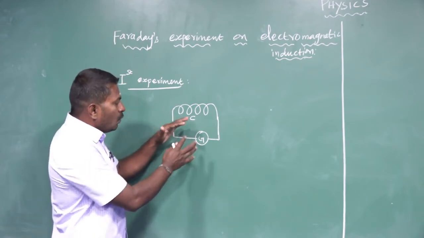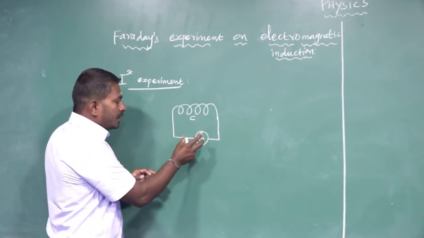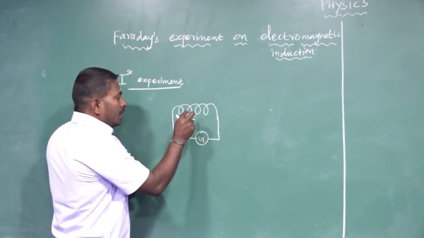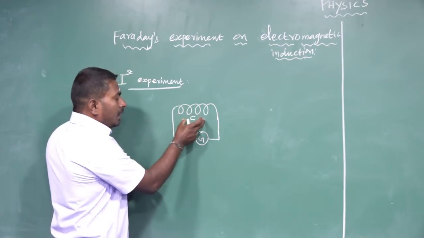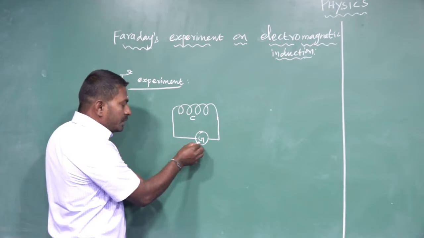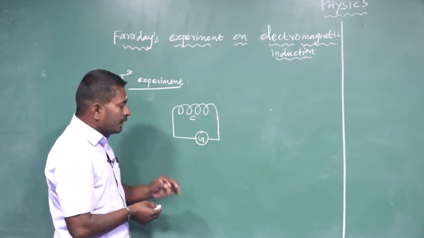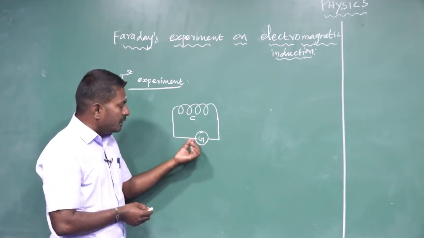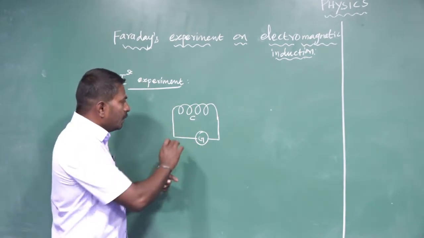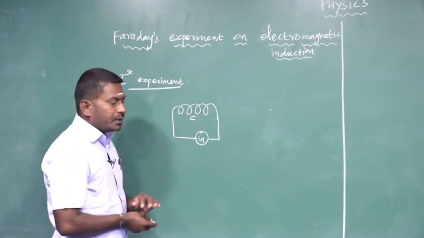So see the one closed circuit. It consists of an insulated coil of wire C and also a sensitive galvanometer. Don't forget, the galvanometer is used to detect the flow of electric current through the closed circuit.